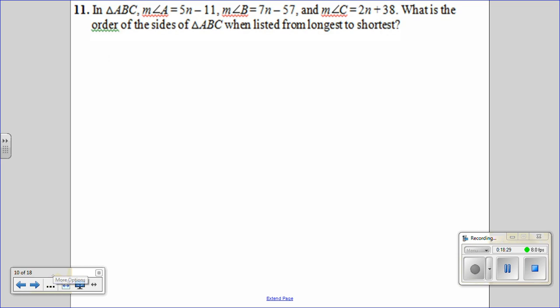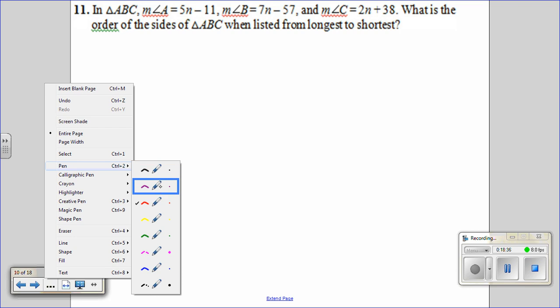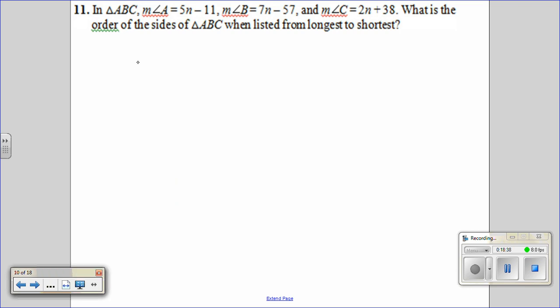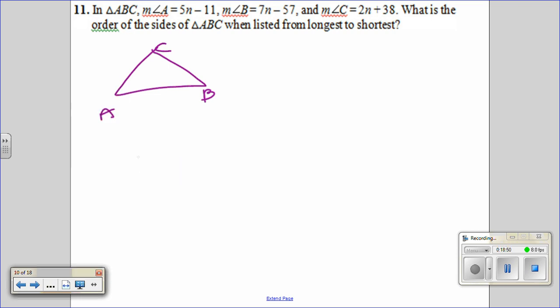And number 11 will be the last one before our break. It says you have triangle ABC, so let's draw our triangle. And the angle measures: A is 5n minus 11, B is 7n minus 57, and C is 2n plus 38.